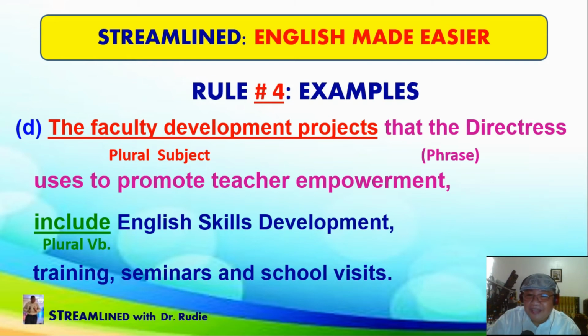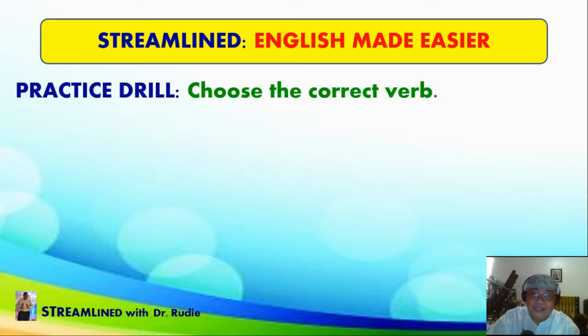I hope that you have fully understood these first 4 rules on subject-verb agreement. Are you ready for our practice drill? So in this activity, you are asked to choose the correct form of the verb. Number 1.